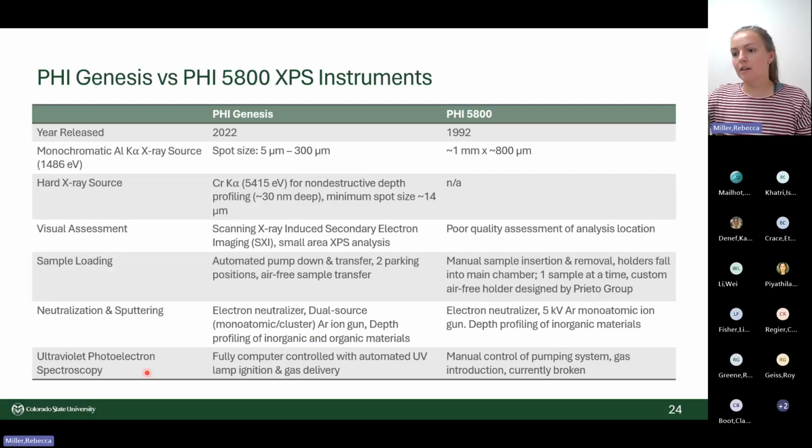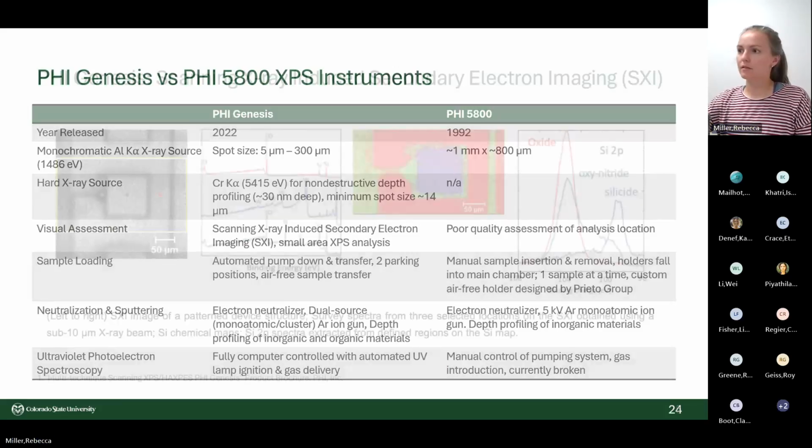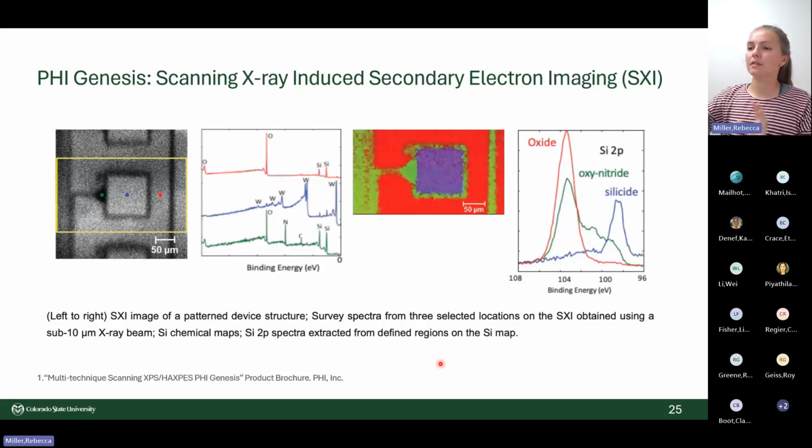The new system would also have UPS, ultraviolet photoelectron spectroscopy, in a fully automated system, which is something our current XPS is not operating. It's a technique where instead of X-rays, you're using UV light to get at the valence structure of samples.